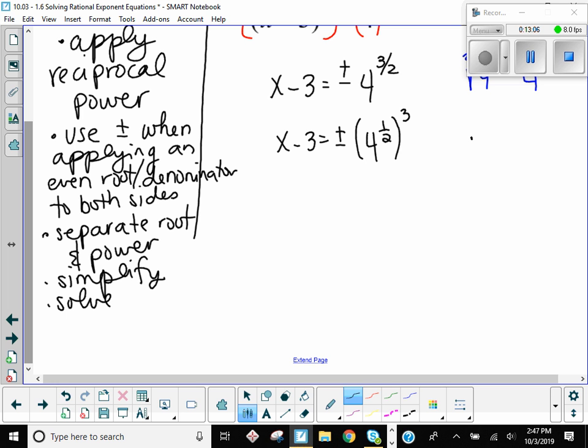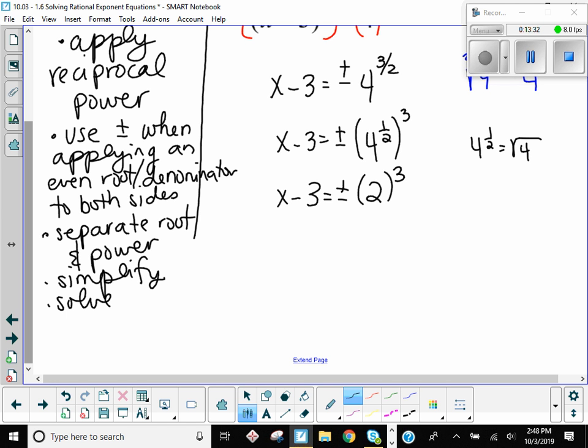And again, 4 to the 1/2 means the square root of 4, which is what? 2. So my next step looks like this. X minus 3 equals plus or minus 2 to the 3rd. And 2 to the 3rd means 2 times 2 times 2, which is 8, right?